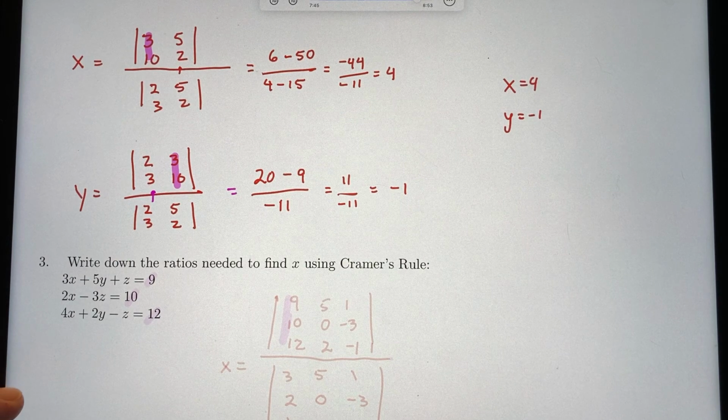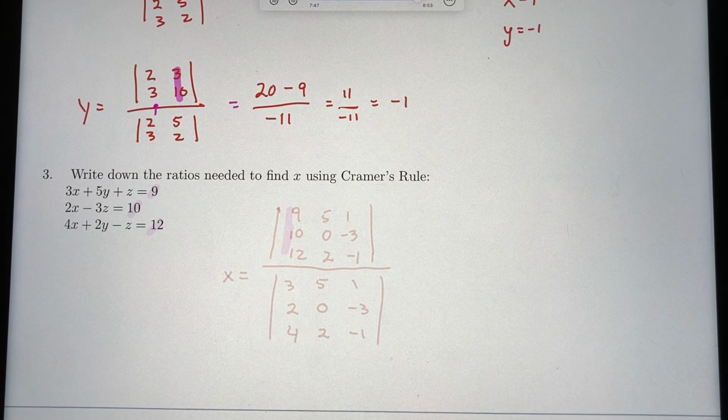Okay, the ratios needed to find x. Okay, so the bottom numbers are 3, 5, 1 going across. Oh no, we're missing y. What do we do? The obvious thing.